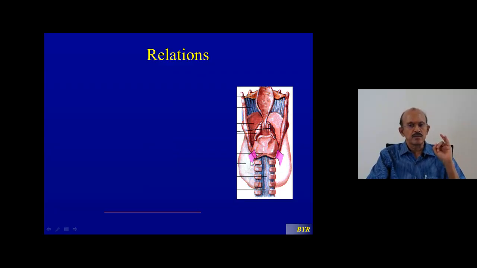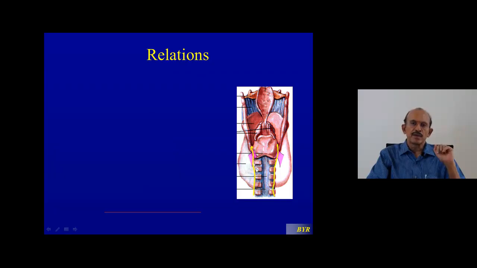Then the Berry's ligament is also related to the recurrent laryngeal nerve. Before the recurrent laryngeal nerve passes into the larynx, it is very closely related to the Berry's ligament.